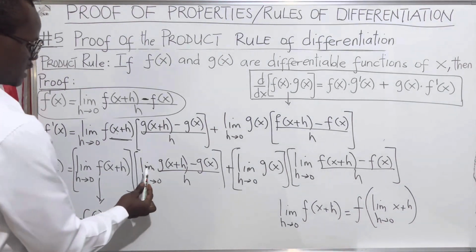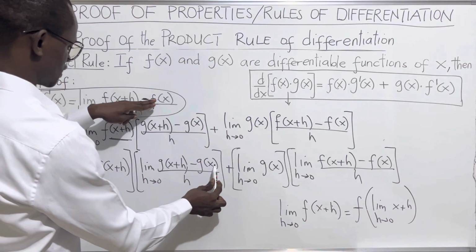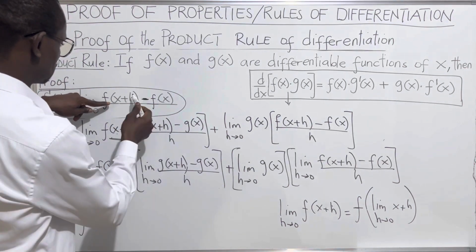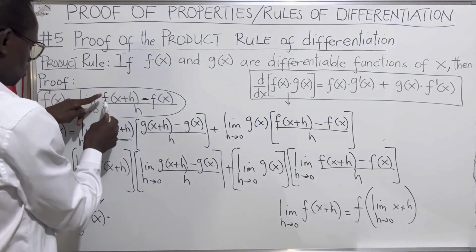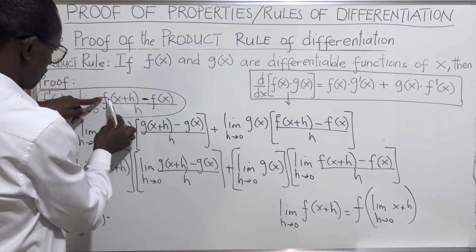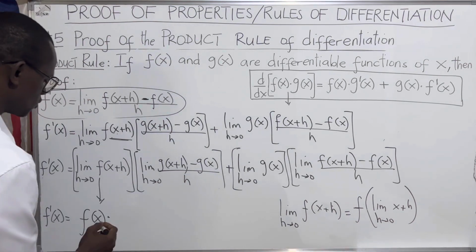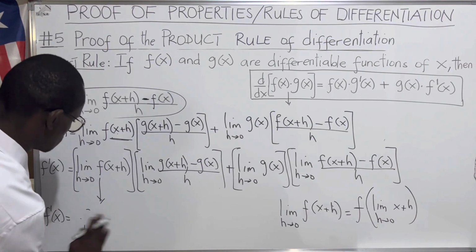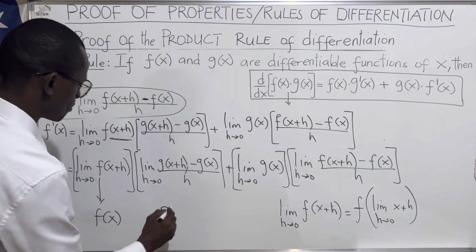times, now the limit of g of x plus h minus g of x all over h is similar to this one. So this whole portion is equal to f prime of x. If f is now replaced with g, this whole expression will just be equal to g prime of x.